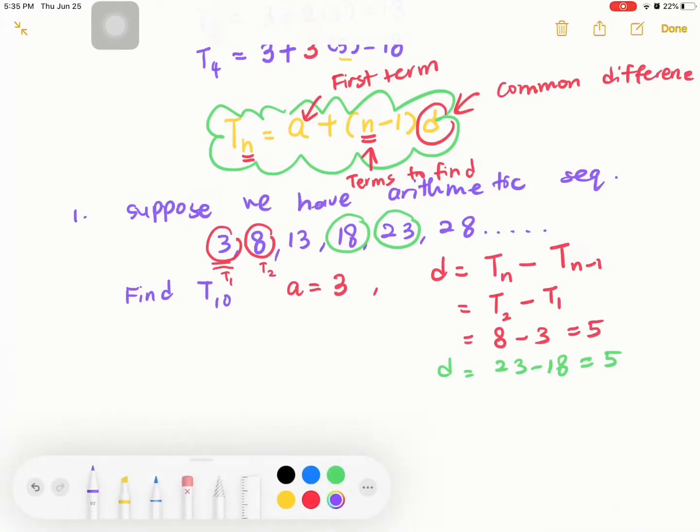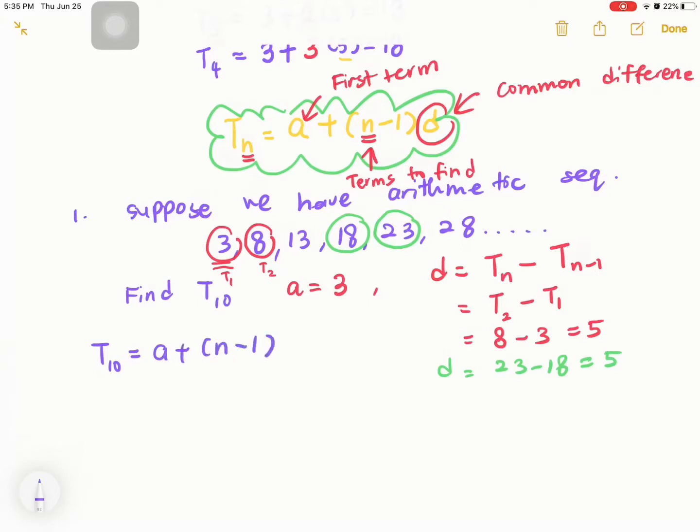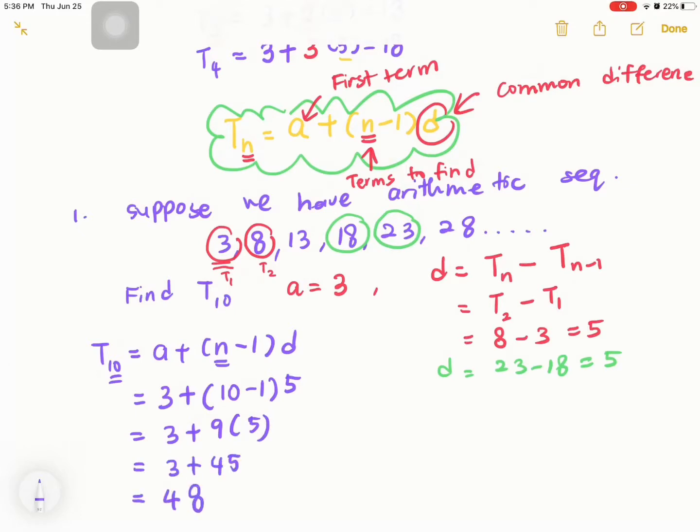By using the formula A plus n minus 1 D, A is 3, plus our n is 10, so 10 minus 1, D is 5. So 3 plus 9 times 5. You get 3 plus 45, which equals 48.